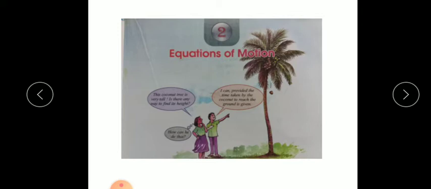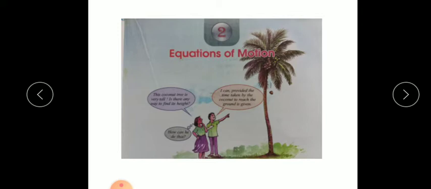So what is speed? Speed is the distance traveled by an object in unit time. What is the unit of speed? Meter per second. Then what is velocity? The displacement per unit time is called velocity, and the unit of velocity is meter per second.